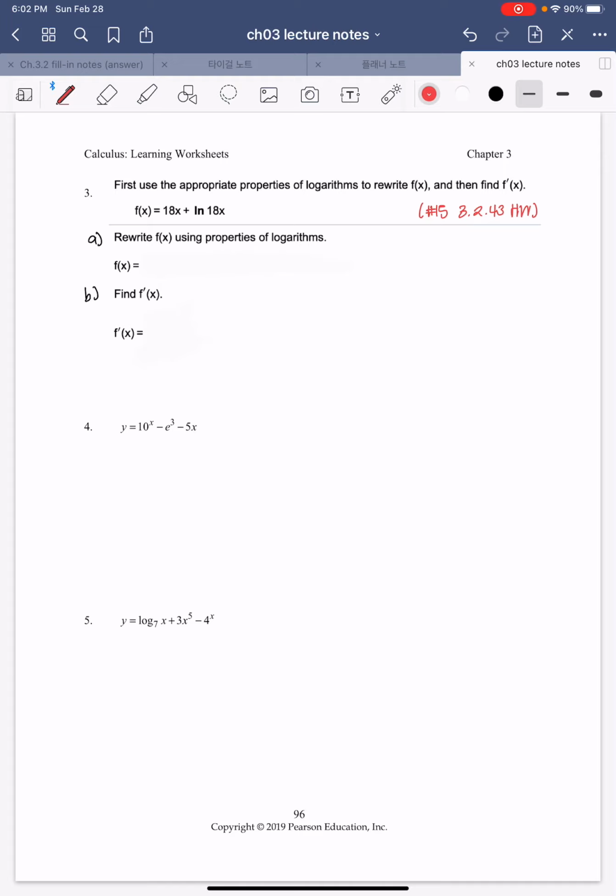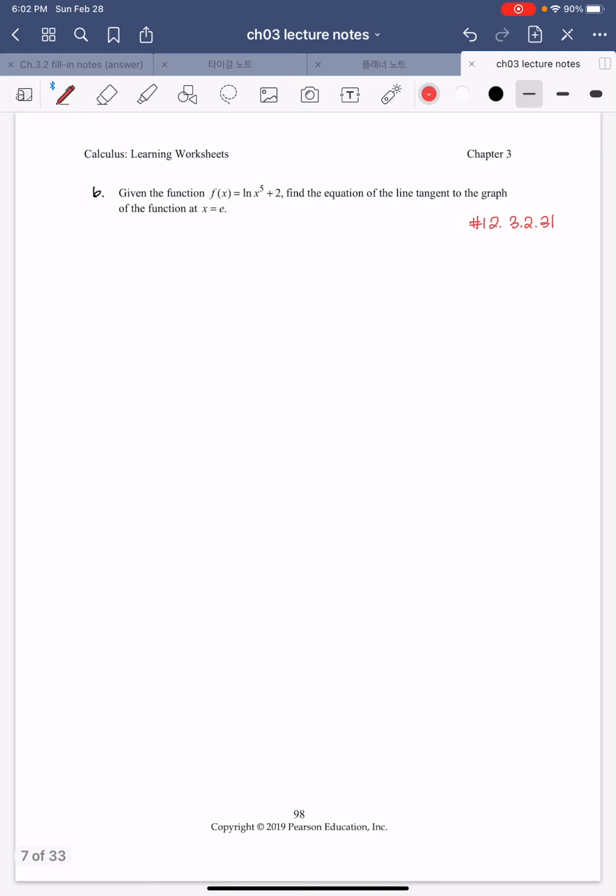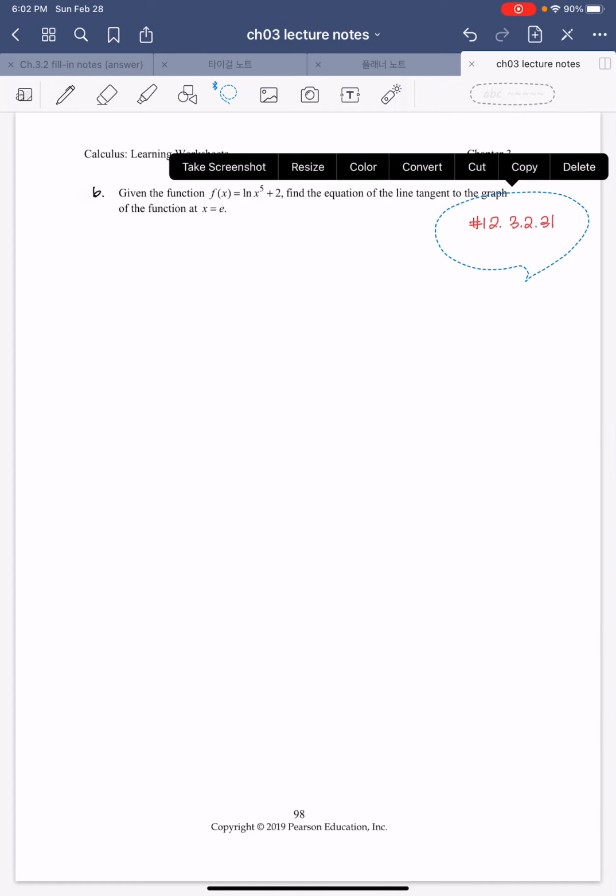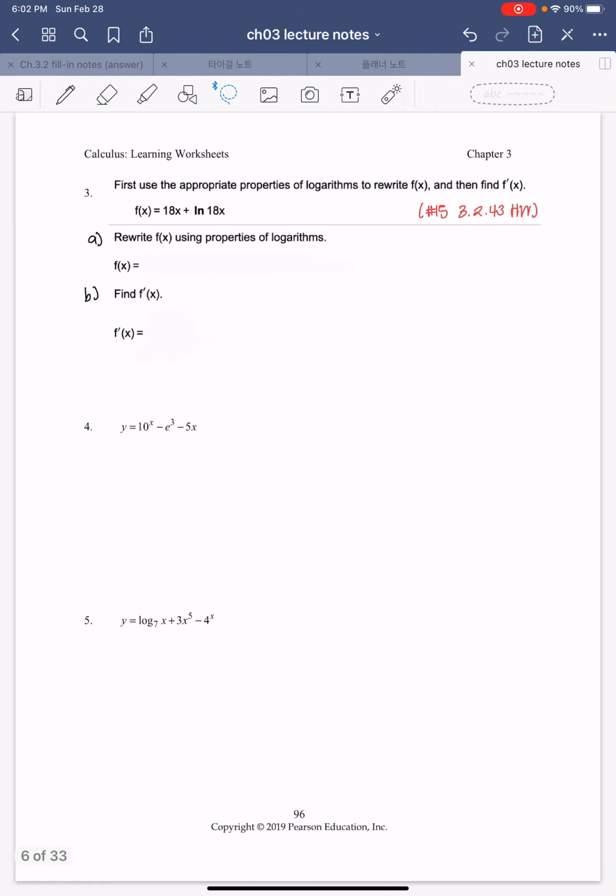One more page. 3, 4, 5 is just more exercise. And number 6, I have an application problem. This looks very similar to number 12 on your homework. Okay, so more practice. First, use appropriate properties of logarithms to rewrite f of x. So they want you to do some rewriting and then find f prime of x. Now here's an issue.